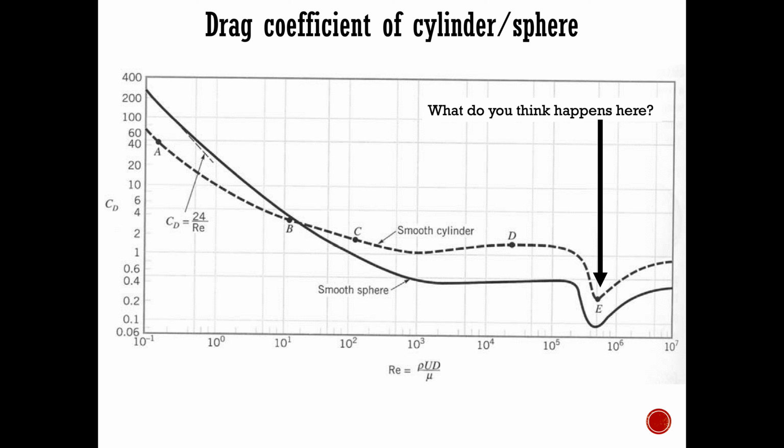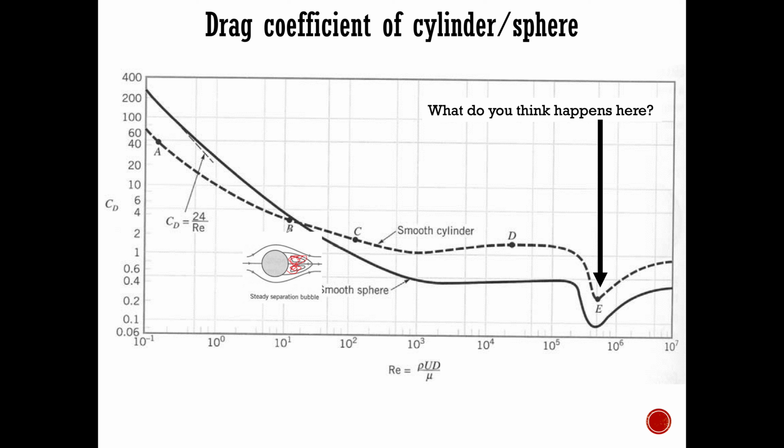But let's look at the flow field. For a smooth sphere, not a rough one, at about point B right here, you form what are called laminar separation bubbles or recirculation regions behind the cylinder, even though you have a wake that's practically steady.